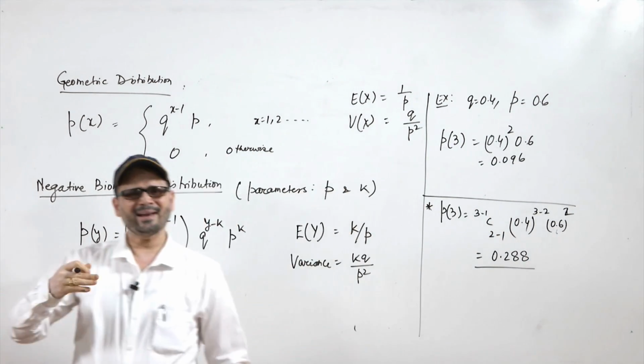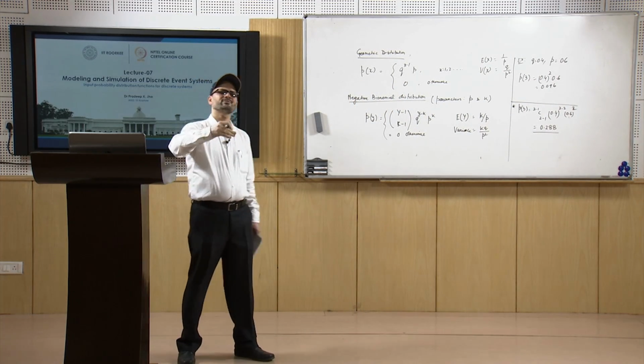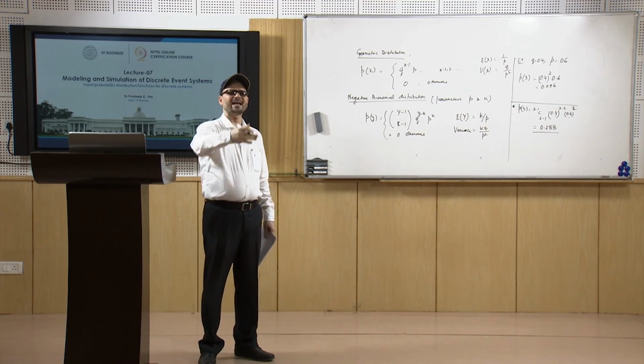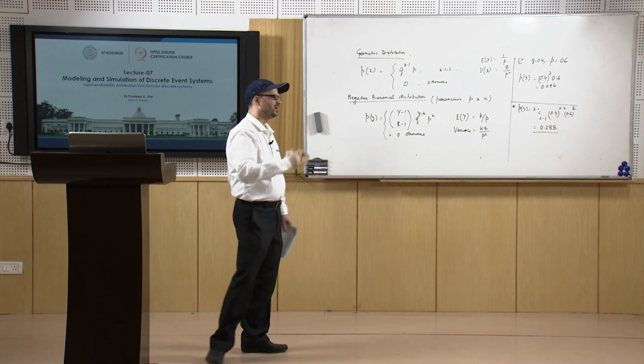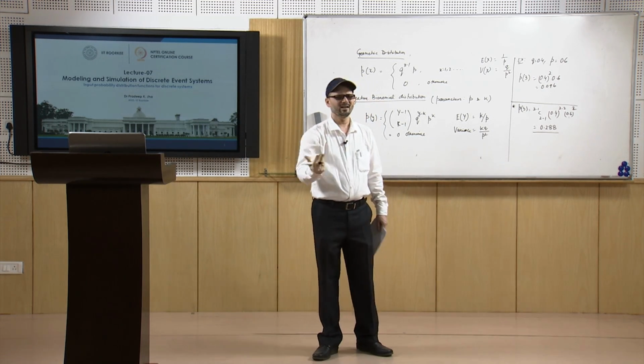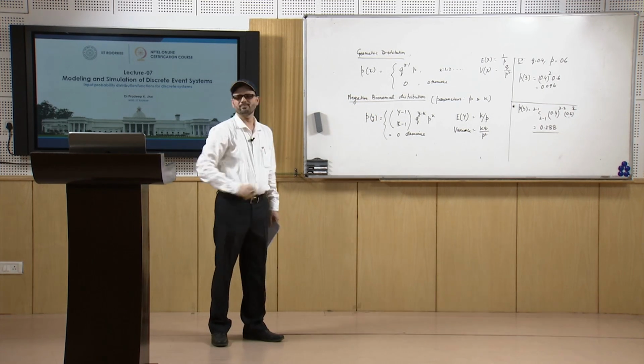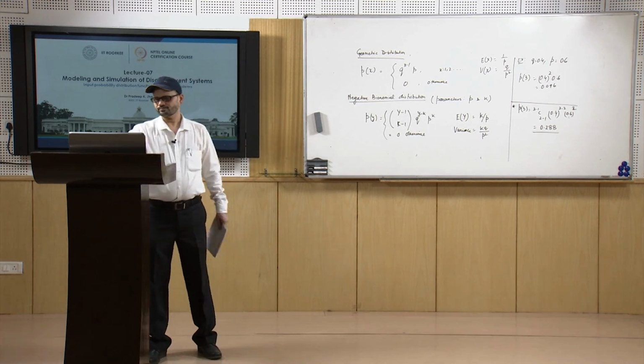So, when this condition comes that you have to get a certain number of successes, and till that you have to proceed for the trials, or in a certain number of trials you have to get that many successes, such problems can be solved using this negative binomial distribution.